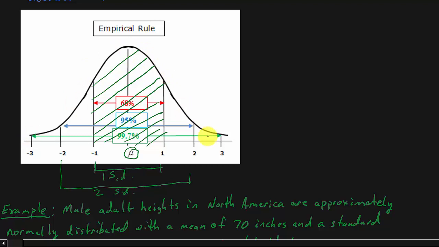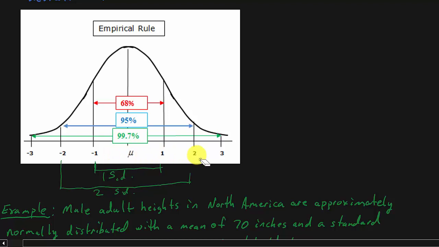See, the area under the entire curve is 1. All right, and then if we go out to two standard deviations, that would be 95% of the data items within two standard deviations. And then within three standard deviations, it's 99.7% of the data. And all it really is, is area.